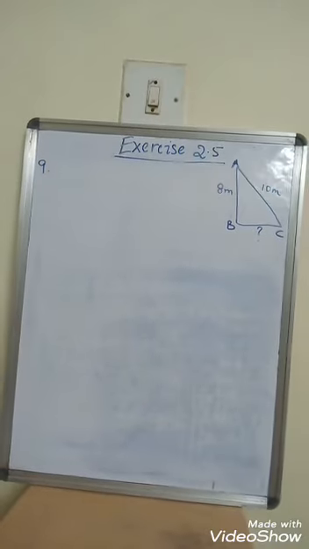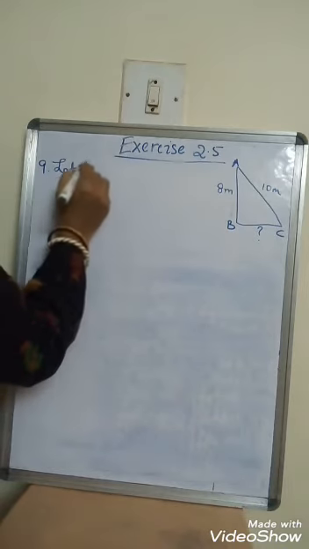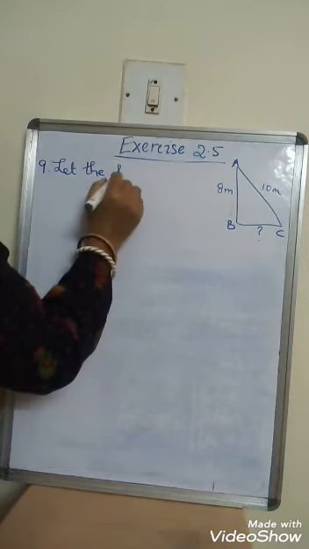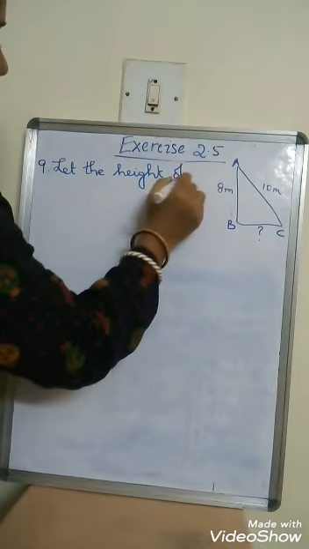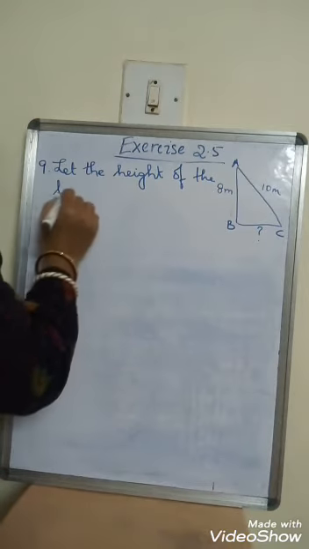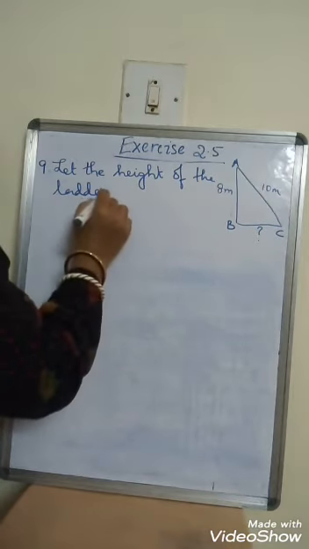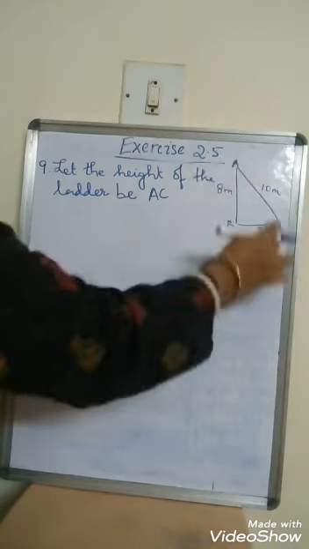So what we are going to do here is, first we are going to write down what is given to us. So what is given? So let the height of the ladder be AC, right? It is not given to us whether it is AC, whether it is AB.